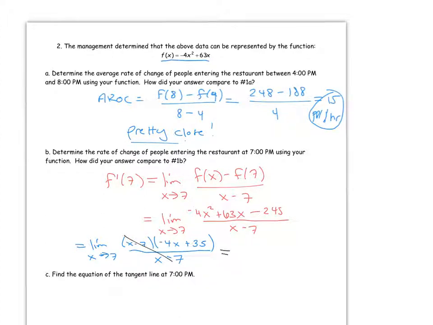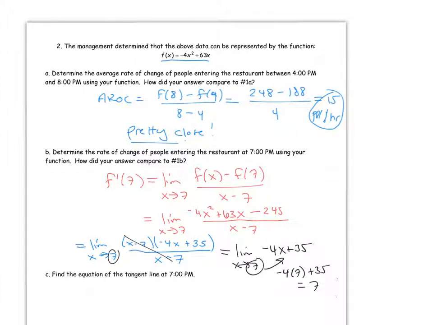Crossed off, and this equals, now we can substitute our 7 in. So this is the limit as x goes to 7 of negative 4x plus 35, and you plug in, you get negative 4 times 7 plus 35, so that's 35 minus 28, so you get 7 people per hour. I don't know why I keep saying minute.